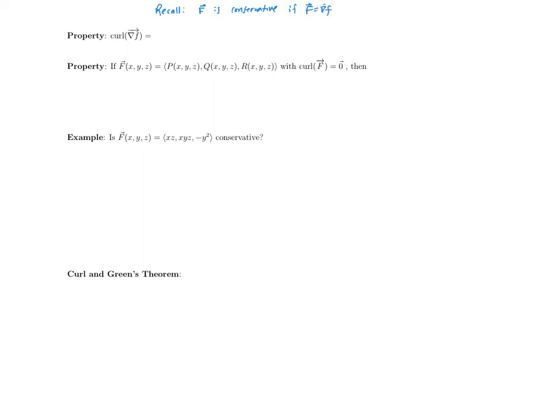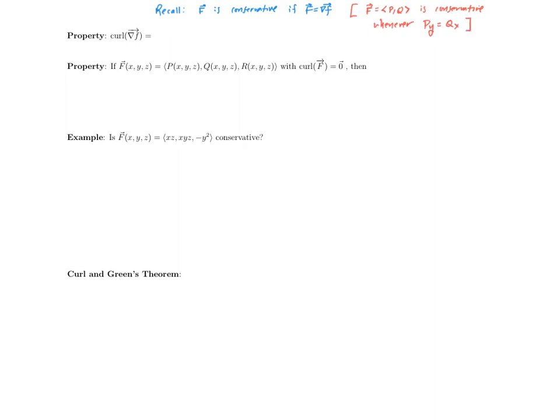And when it came to determining if a vector field was conservative, we saw that it was very easy to check if a two-dimensional vector field was conservative. So if you have a two-dimensional vector field F equals <P, Q>, we saw that this is conservative whenever you had a relationship satisfied by the partials: P sub y is equal to Q sub x.